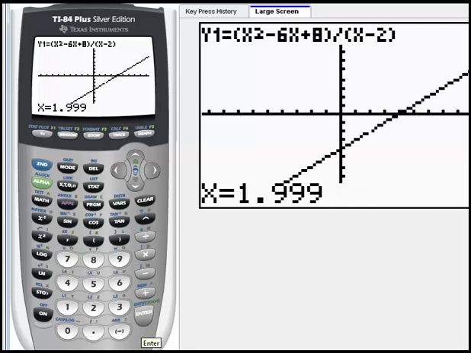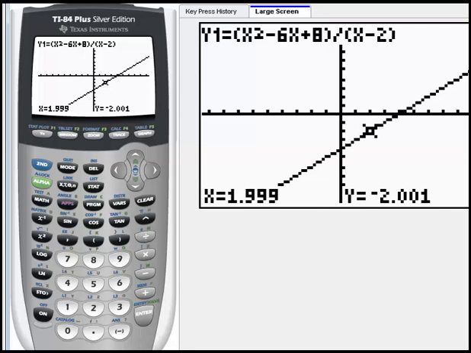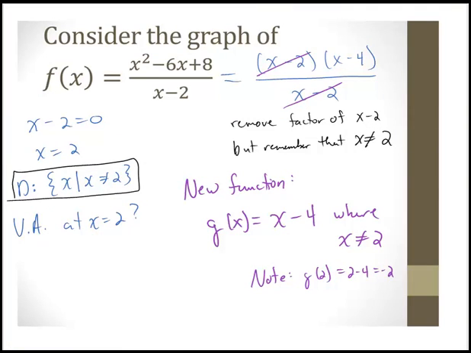When x is 1.999, the y value is pretty darn close to negative 2, isn't it? Alright, so we get a hole. We have this new function, g of x is x minus 4, where x is not equal to 2, and the function g of x has a hole at (2, -2).